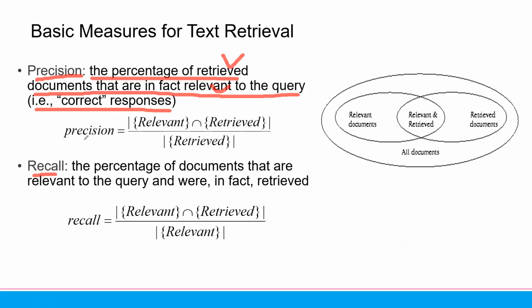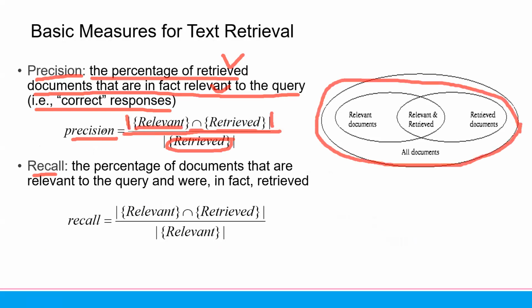So for example, I have this precision formula: the relevant intersection with the retrieved. We want to get the number of them divided by the number of documents that have been retrieved. So in precision, we want to find the relevant and retrieved divided by the retrieved documents, the documents that you already got after your searching.